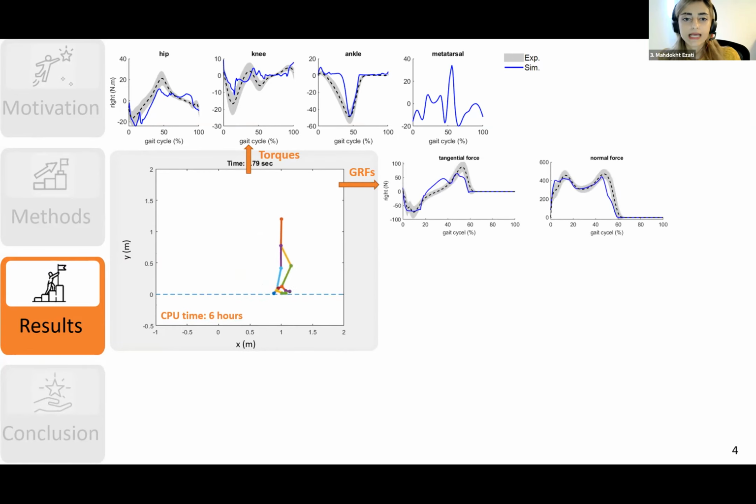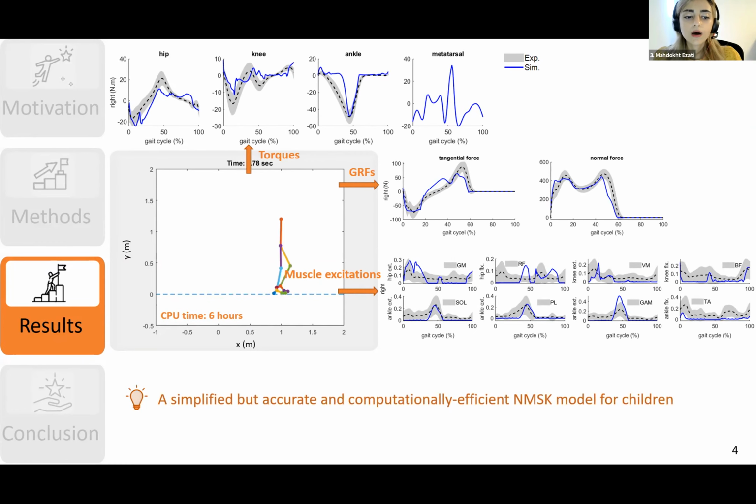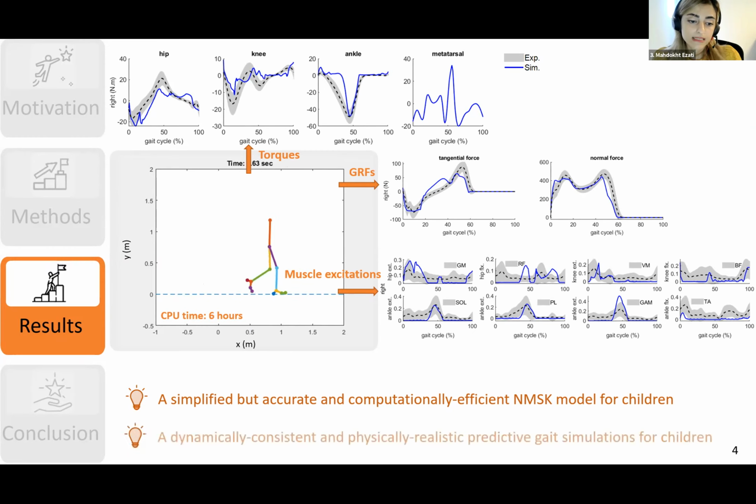And here you can see the fully predicted ground reaction forces and fully predicted muscle excitations. So we could propose a simplified but accurate and computationally efficient neuromusculoskeletal model for children without tracking the experimental data.